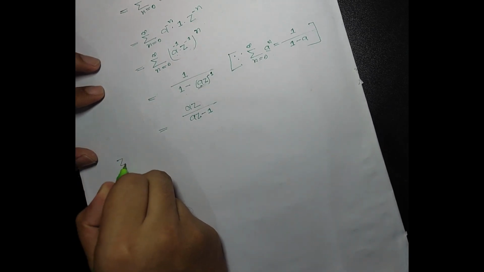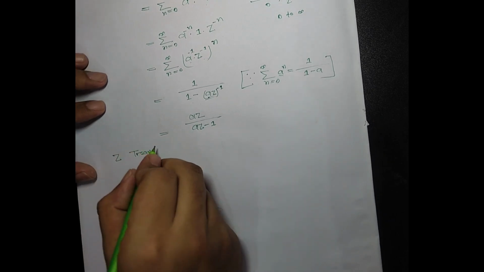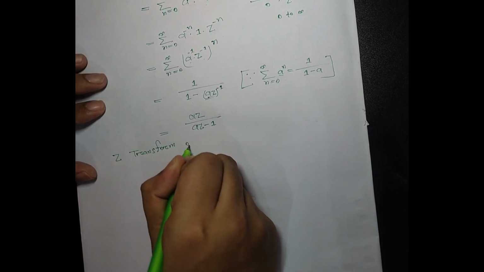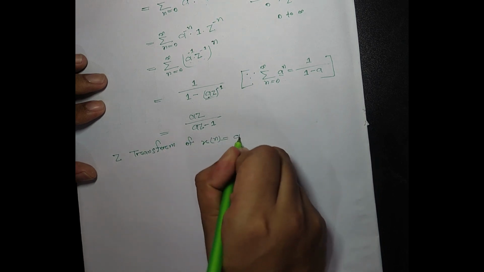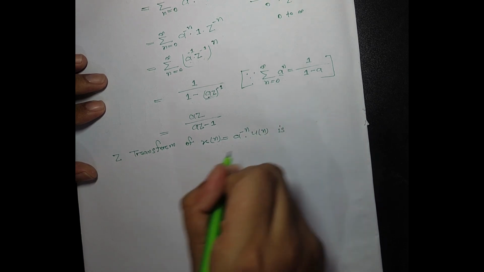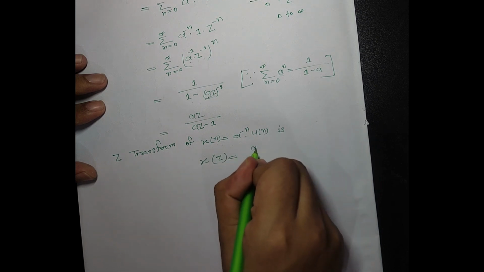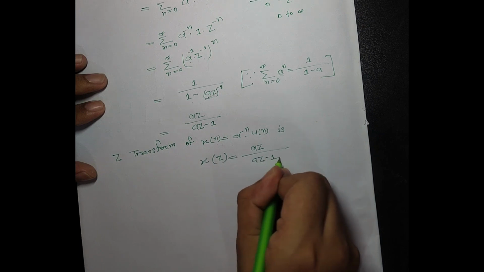That means z transform of a to the power minus n u[n] is Y(z) equal to az divided by az minus 1.